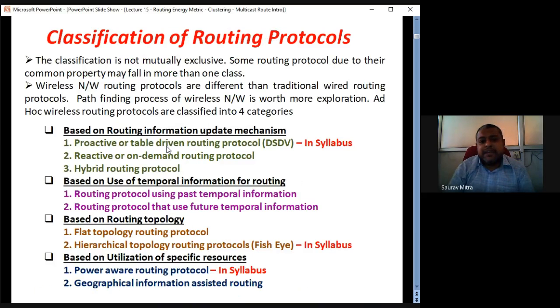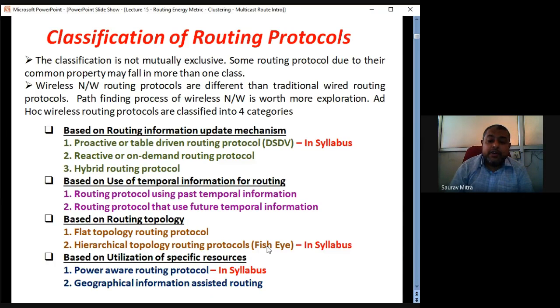So this was the classification. First there was the classification based on routing information update mechanism. So there was the proactive or table driven routing protocol, DSDV. This is in the syllabus. Then there is classification based on routing topology, how the routing topology is affecting. So in fisheye we had seen that whichever nodes are very close to the sender node, at one hop distance, those informations are updated very fast. Those informations are very important.